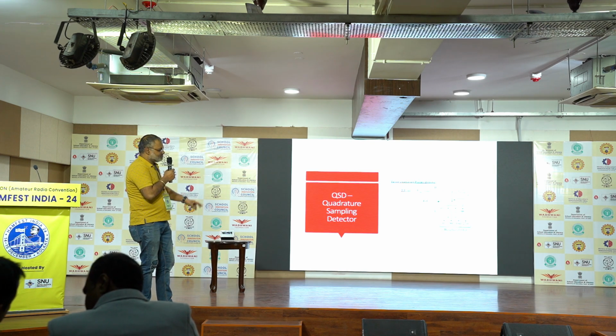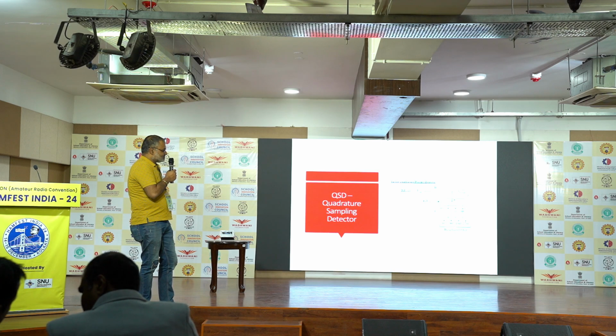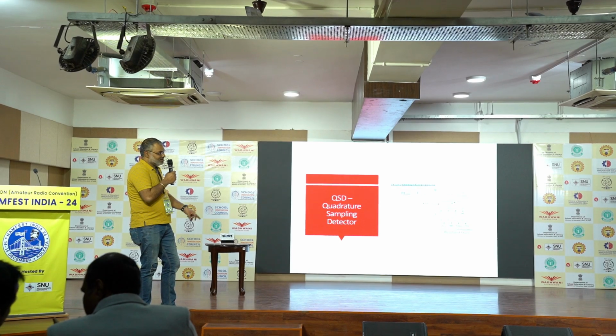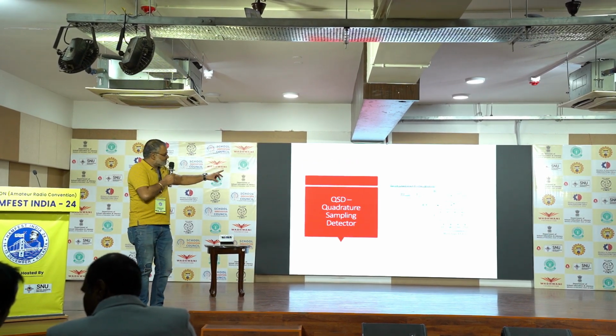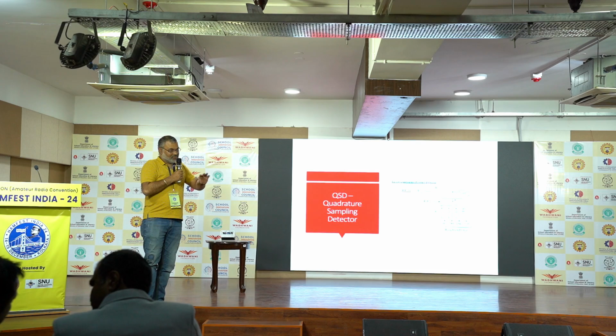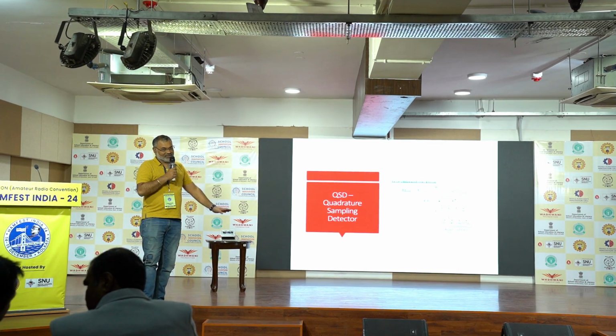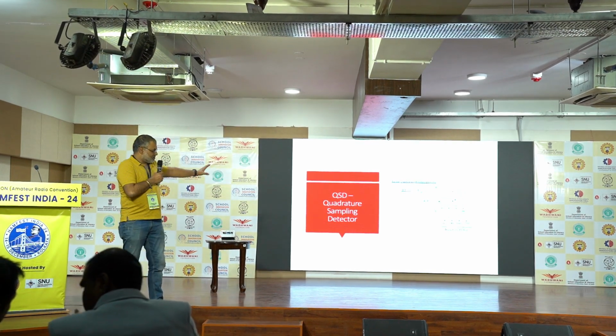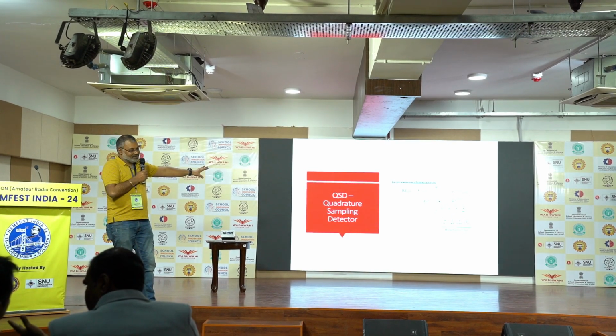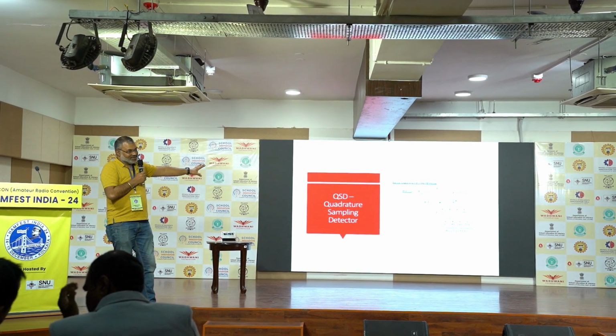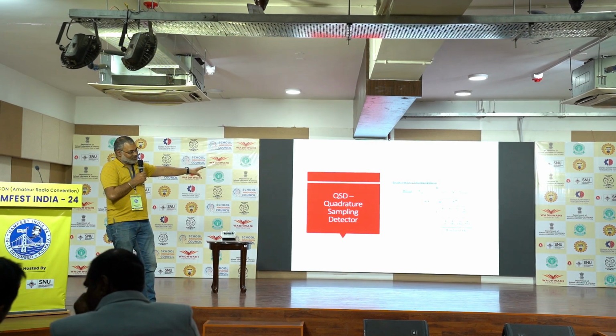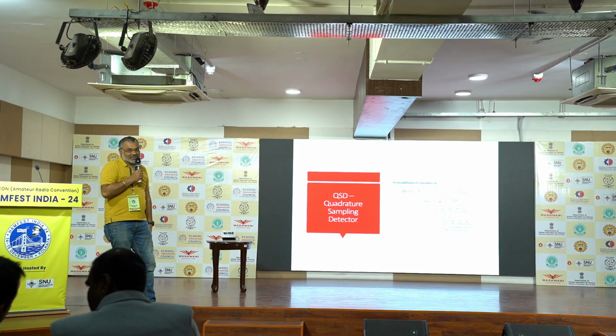The radio frequency is being converted into 4 signals, with a 90-degree phase shift on the second one, 180-degree phase shift on the third one, and 270 phase shift on the fourth one. Don't get into details how it is being done. If you want, I will cover; if you don't want, I will not. So that's a black box, and we are getting 4 signals out. That is what is being done in this radio.